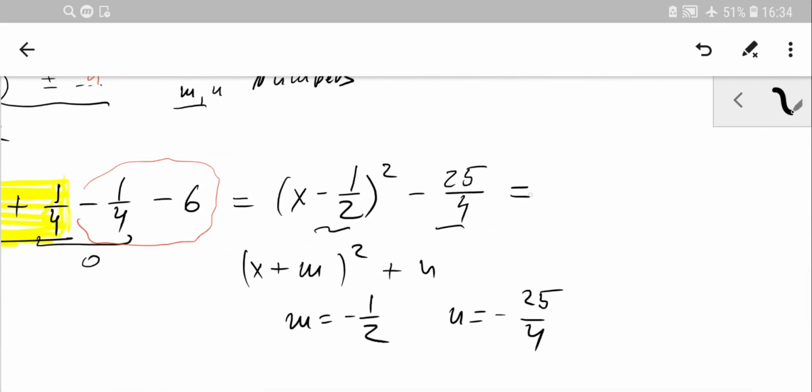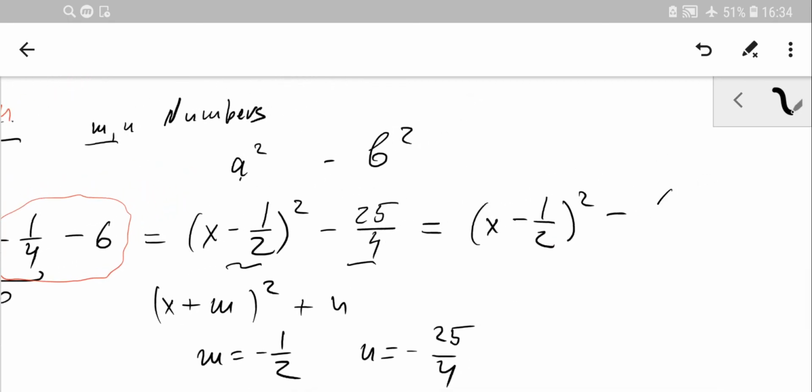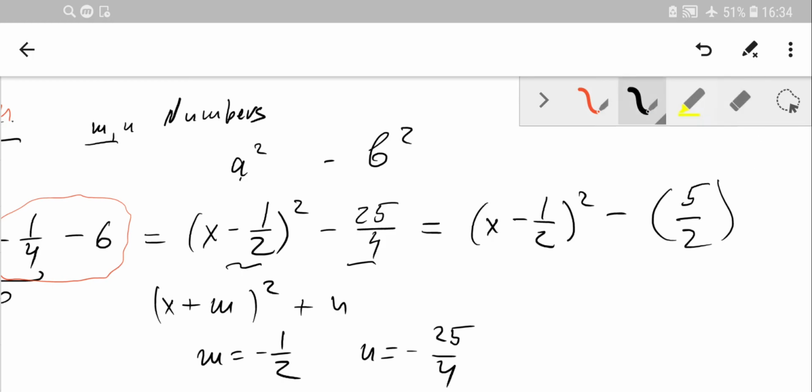Alright, let's do it. I simply apply the formula a squared minus b squared. And I know that a is x minus 1/2. So I'll simply have x minus 1/2 squared, and minus b squared, which is 25/4. So I can write it as numbers which I later square up: instead of b, I simply have 5/2 squared.